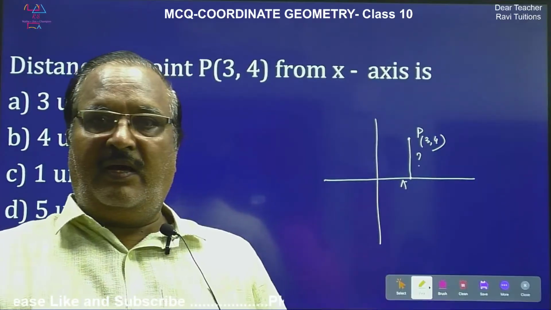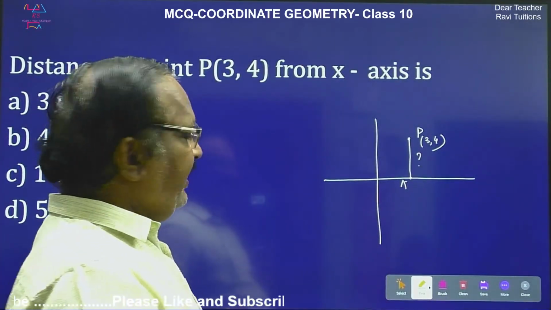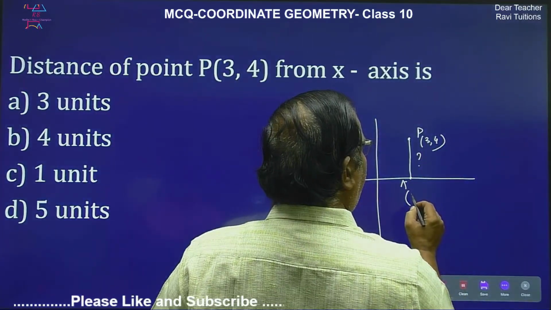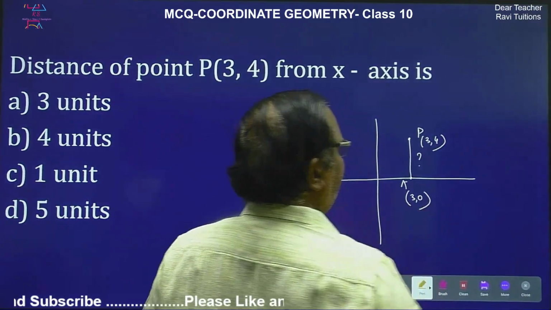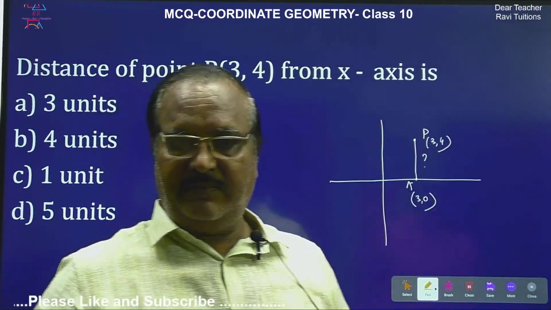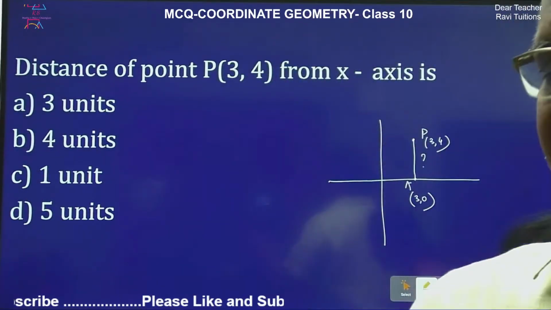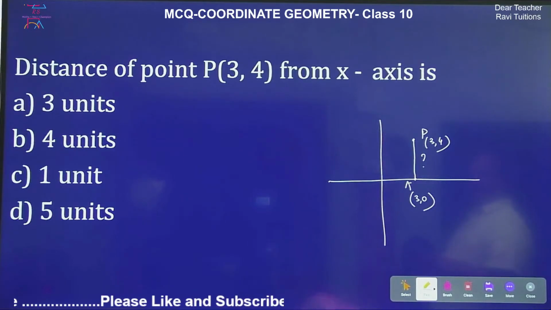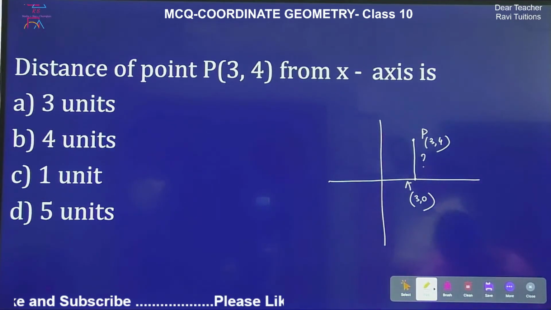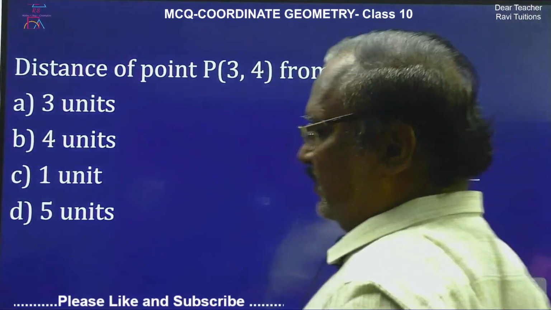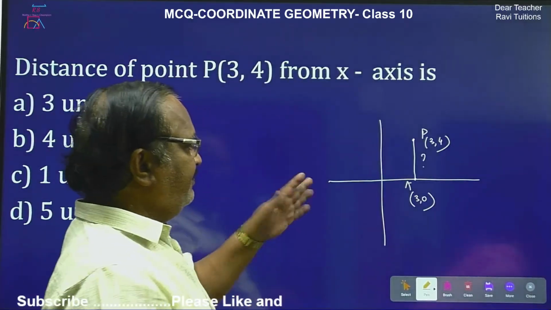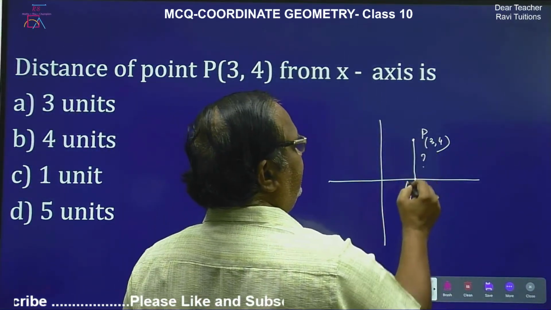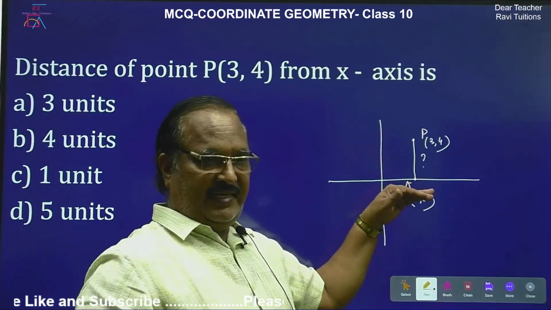So A we should know. A's x coordinate is already 3, and the y coordinate is 0. You should be able to identify the coordinates of A. This is the main task of this question. A is not given, because PA is the distance between P and the x-axis.